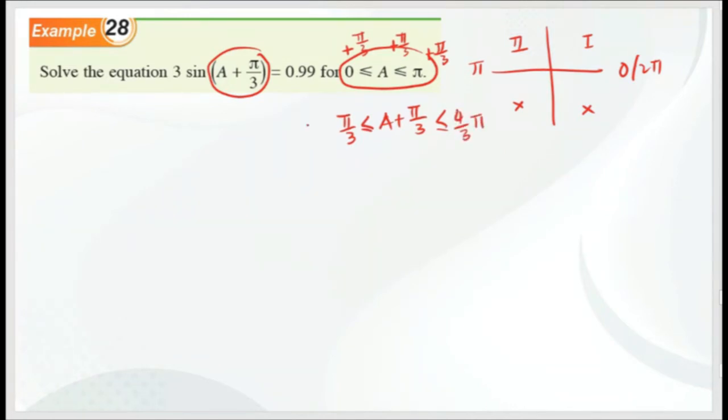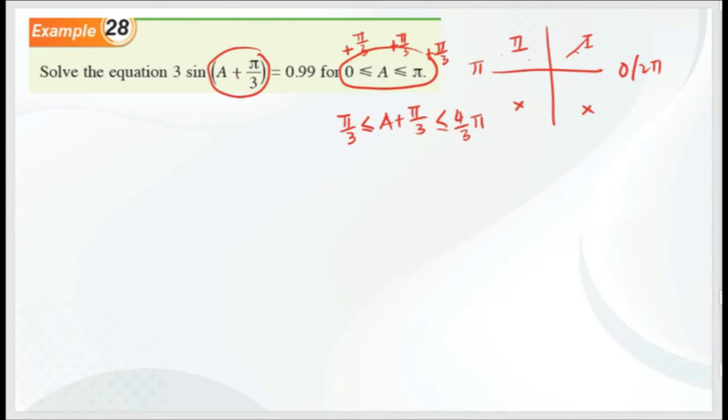Okay, it will be in between. 4/3 pi will be 1.5 more. Once you determine it, it will be in the first and second quadrant.